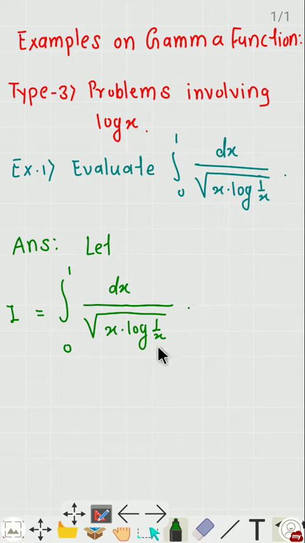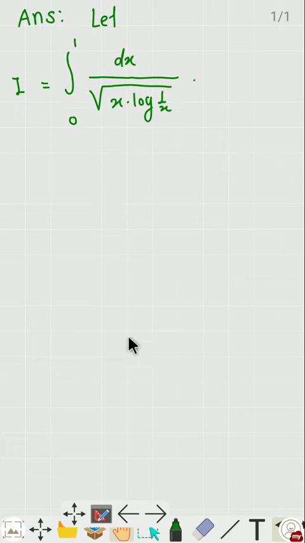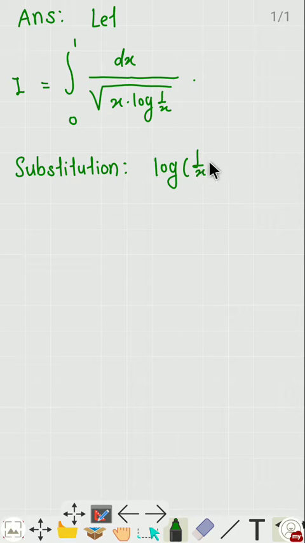Okay, so you observe this integration, you will guess what will be the substitution. So the obvious substitution is log of 1 upon x is equal to t.